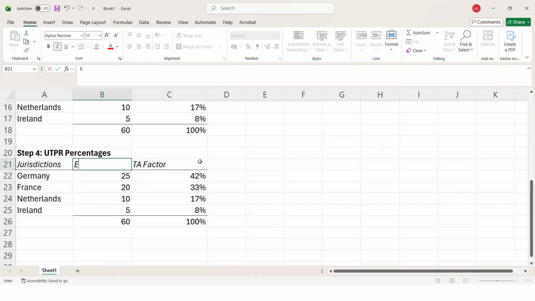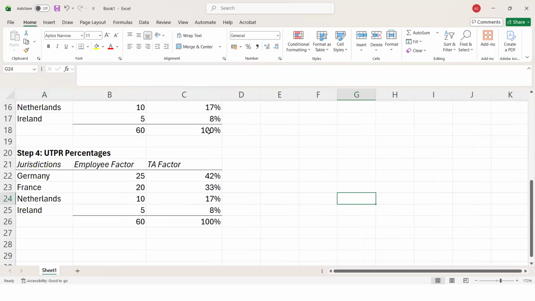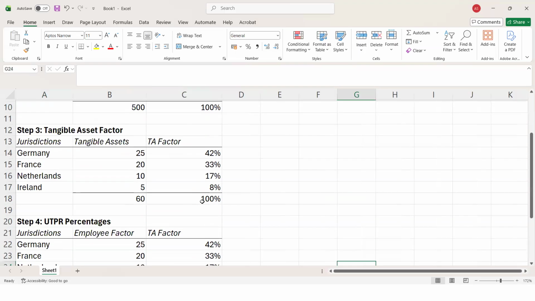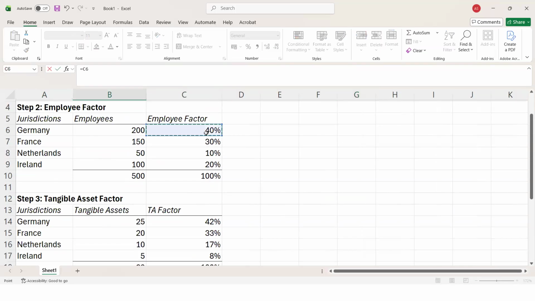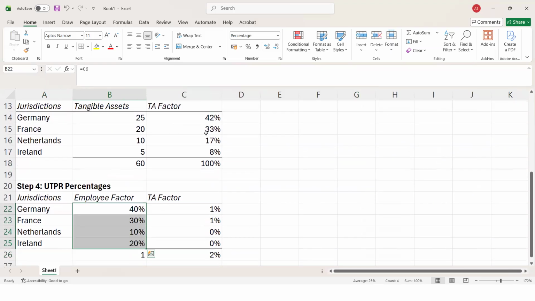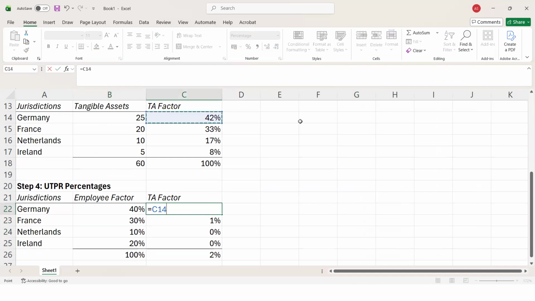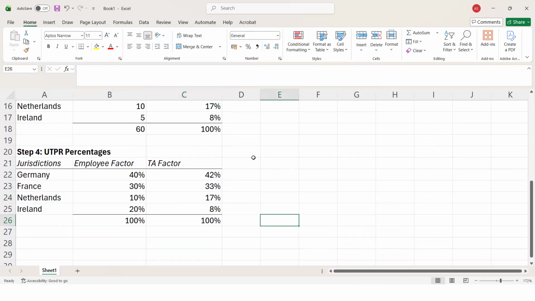What is the employee factor? We have already calculated it here, right? So I can just take this. And this factor is the tangible asset factor, which I'm copying from the earlier workings.